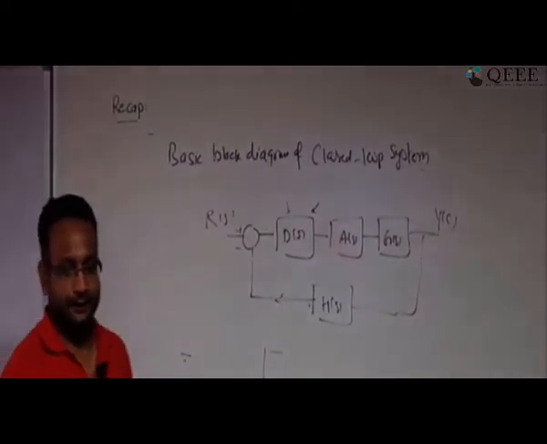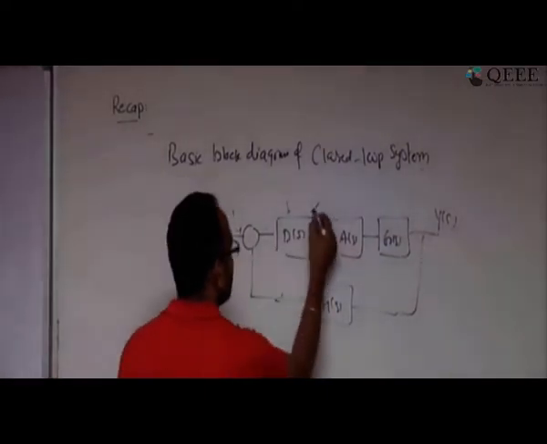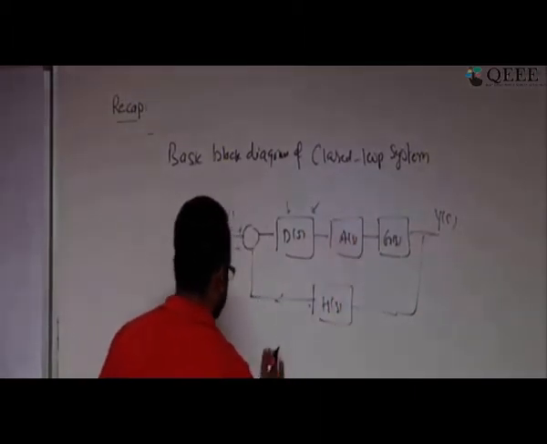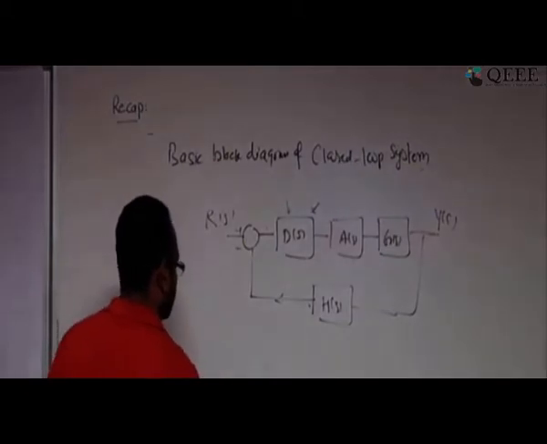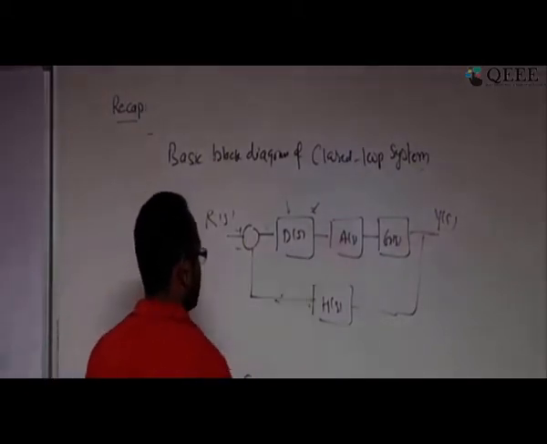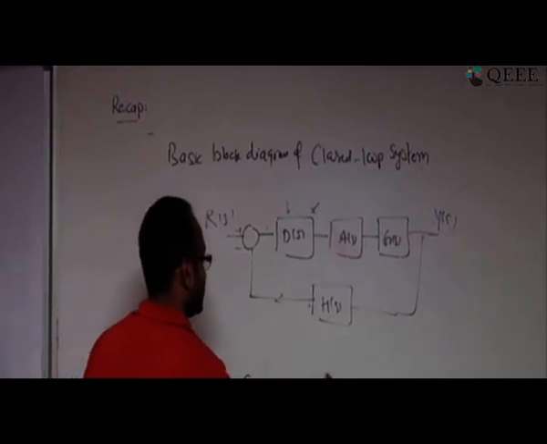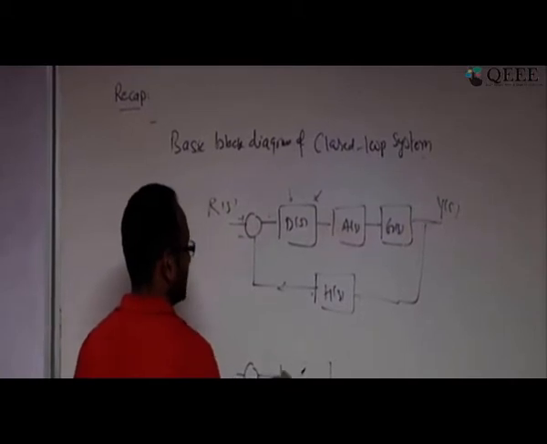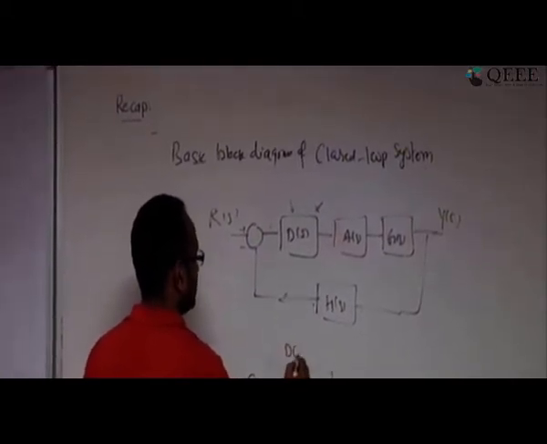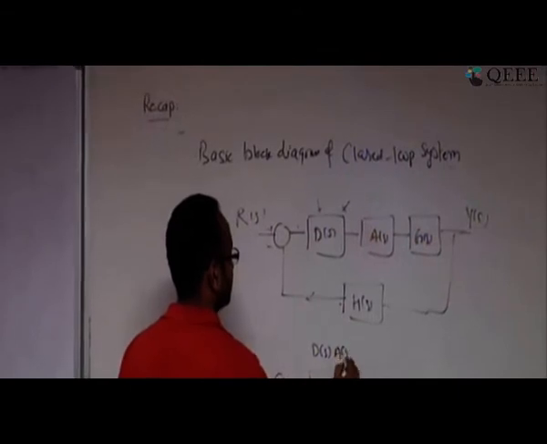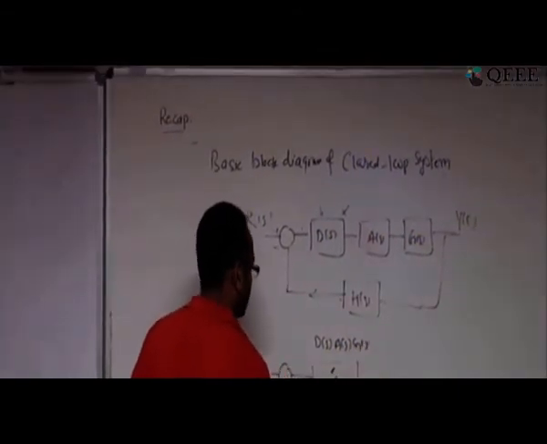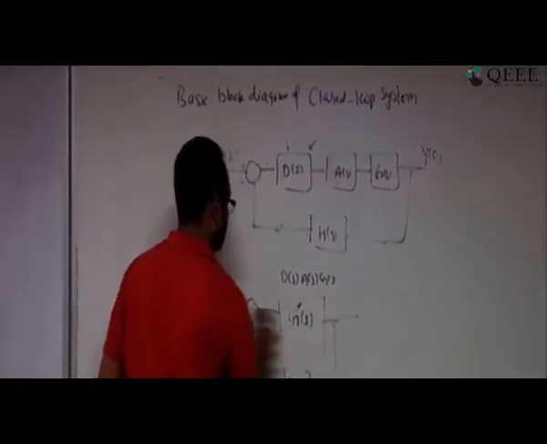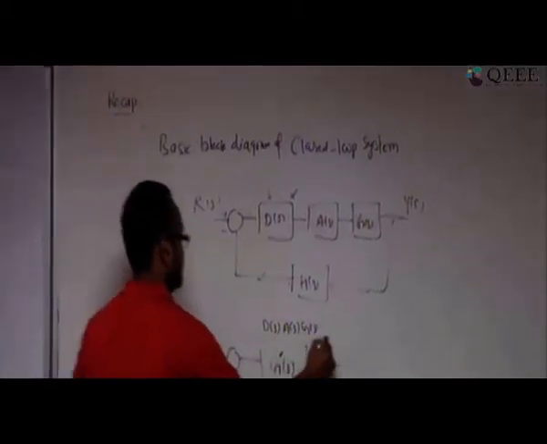Now, since we know that all the systems are linear time invariant systems, the entire thing I can write as only one G of S, maybe called G prime of S. G prime of S is nothing but D of S into A of S into G of S. And this is going to be your feedback element, and you get the response. This is what we have seen.